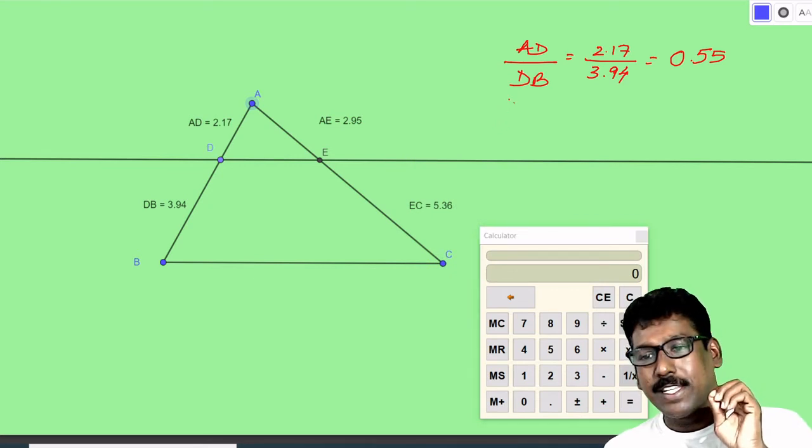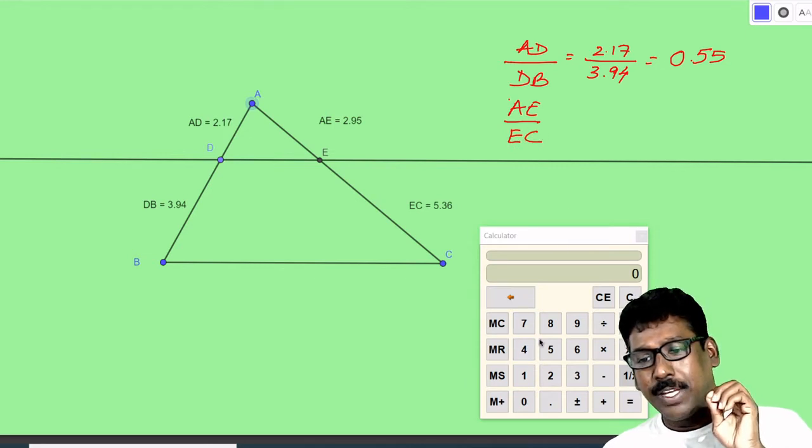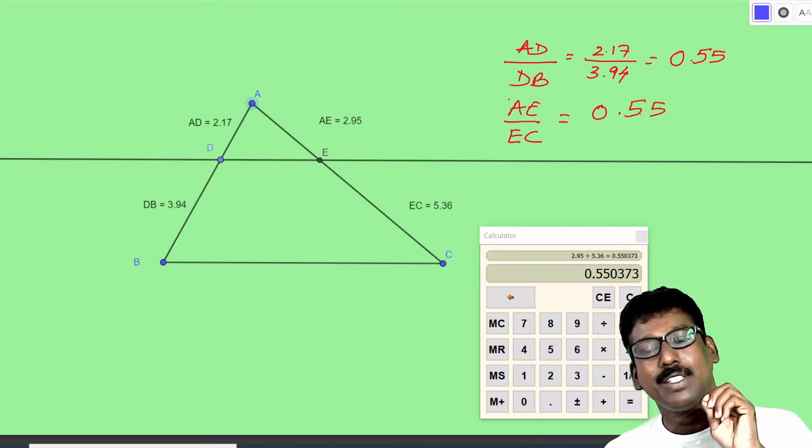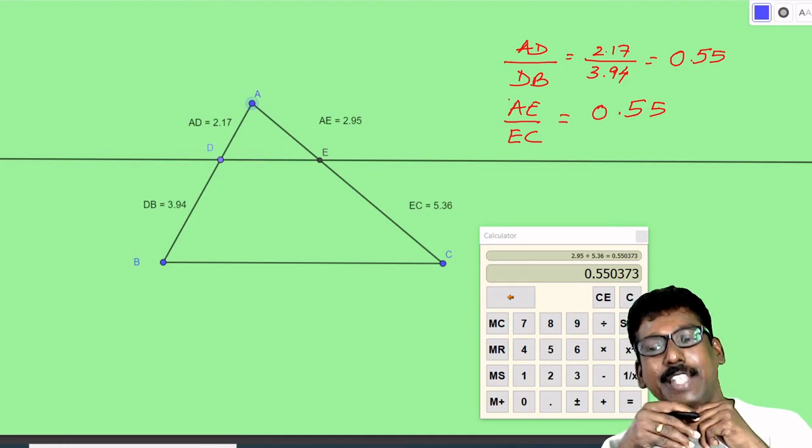Now, what is AE by EC? Here, AE is 2.95 and EC is 5.36. When you divide, here also you will get 0.550373. Cut to two decimal places, you can write it as 0.55. That means in this case AD by DB is equal to AE by EC.